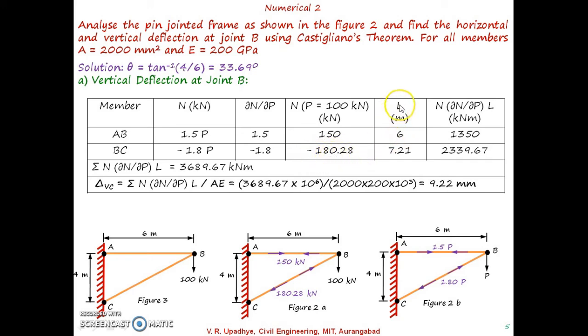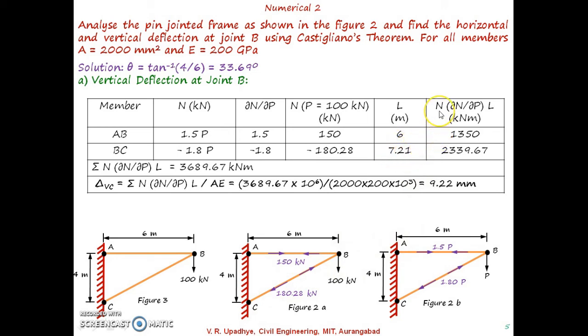Again in the next column the length is written, in meter. For member AB it is 6 meter, and for member BC it will be square root of 6 square plus 4 square. That calculation gives the length of member BC as 7.21 meter.